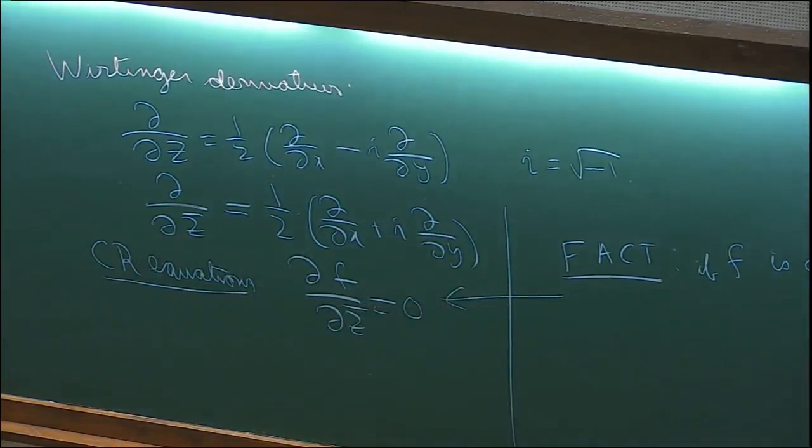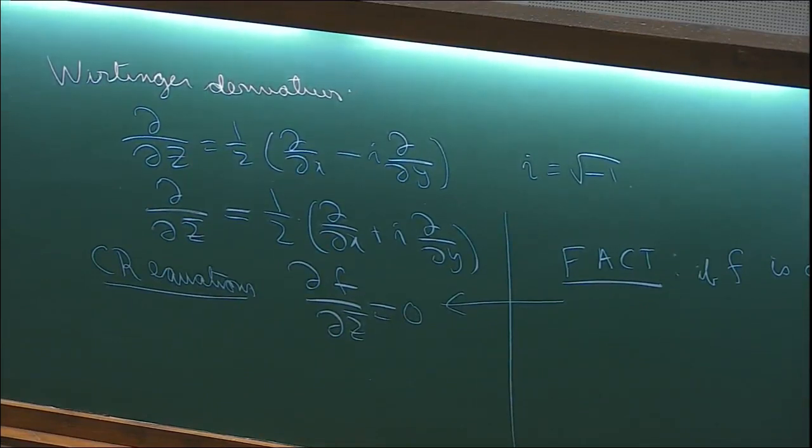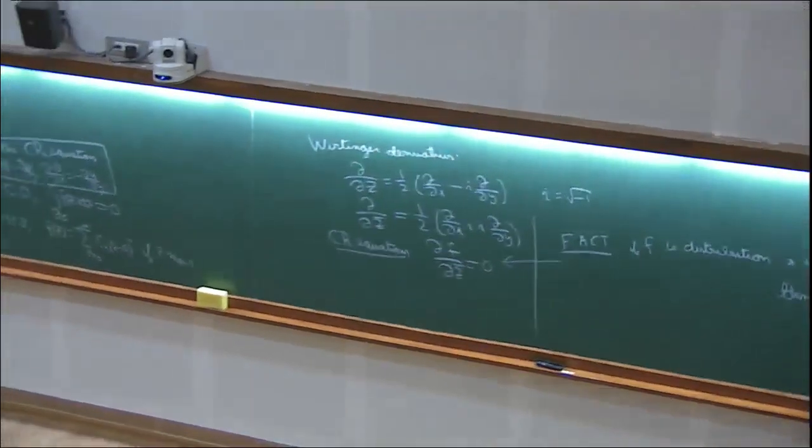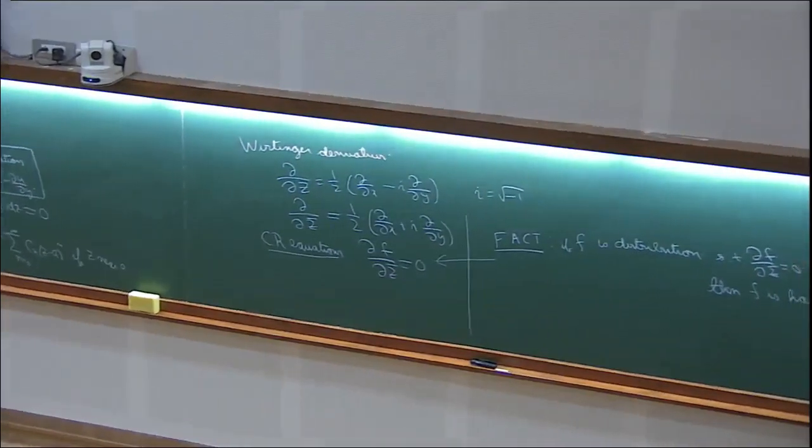Okay? All right, so having recalled that, let us introduce the inhomogeneous, so our hero, or the simplest avatar of our hero, the inhomogeneous Cauchy-Riemann equation. So here we have a function which is killed by the d over dz bar operator.